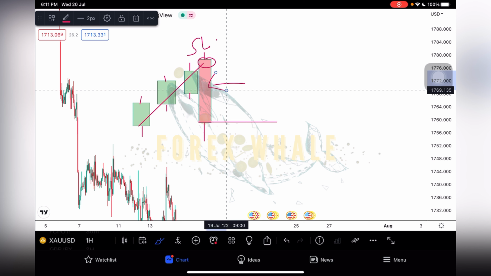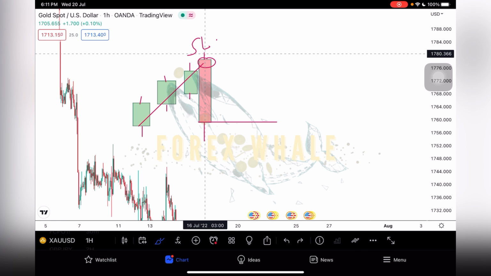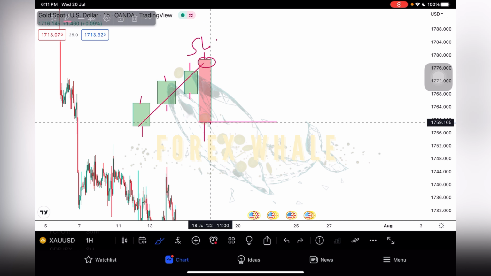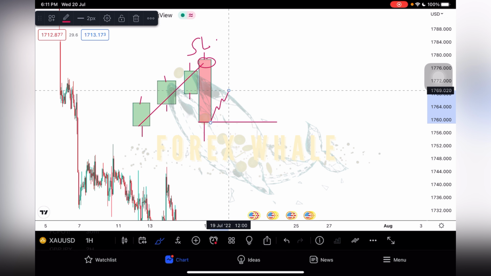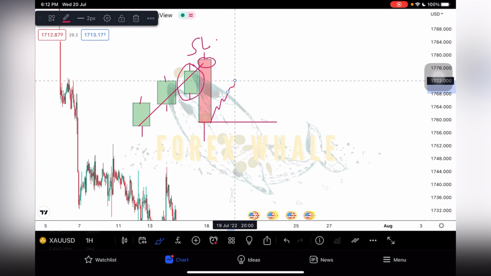Or you can just wait till price retests or retraces a little bit somewhere around this area, and then place your trade.